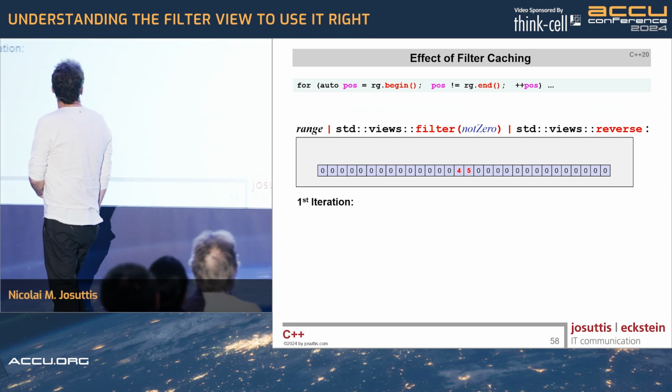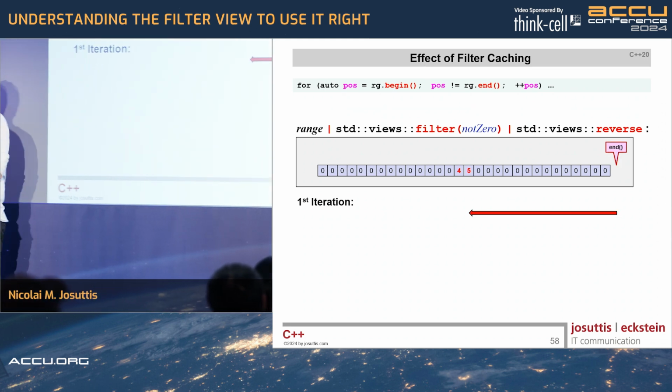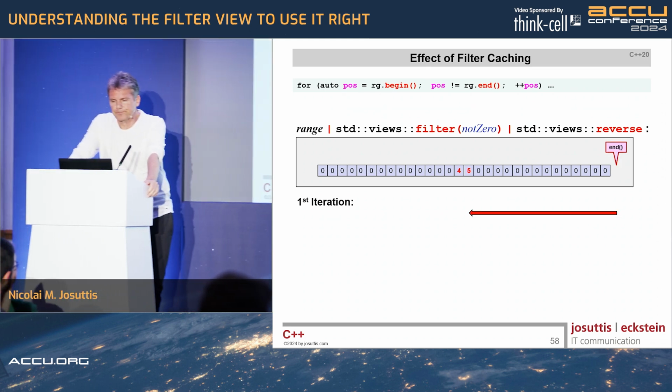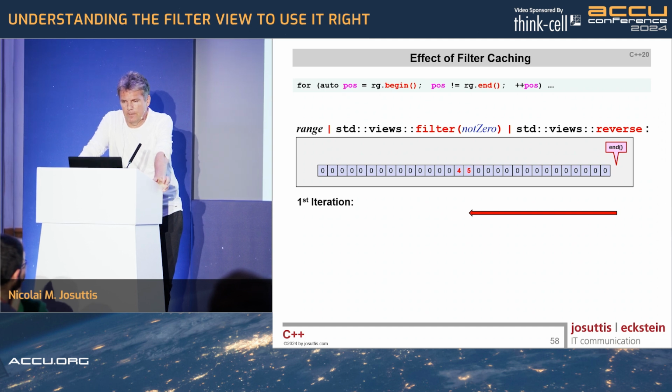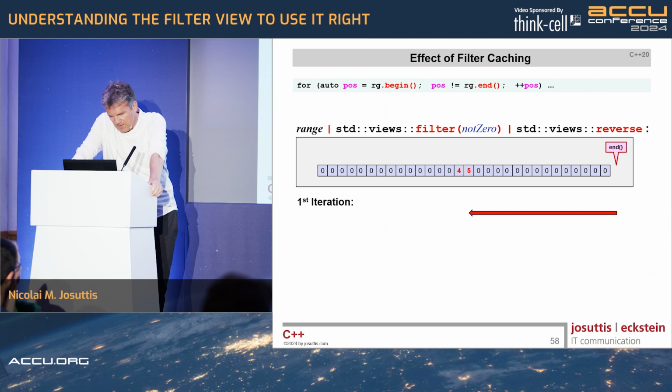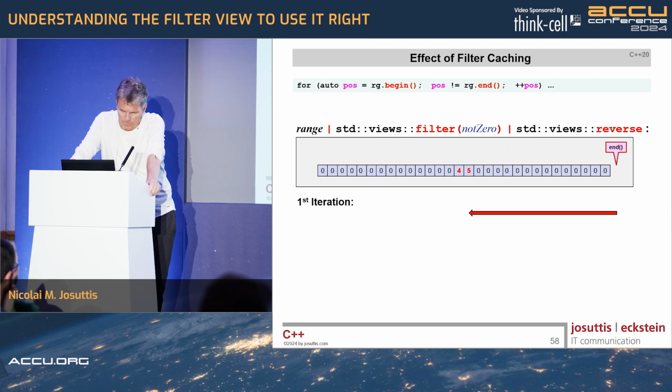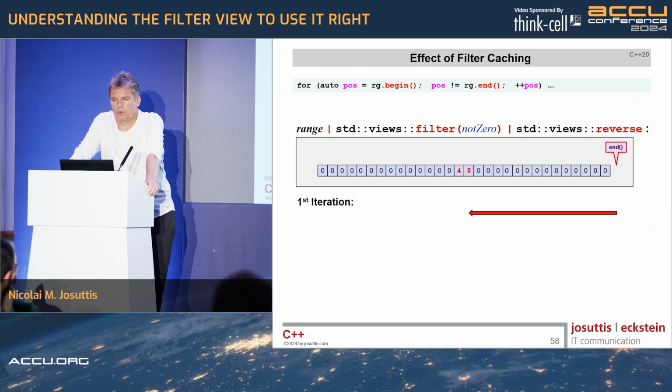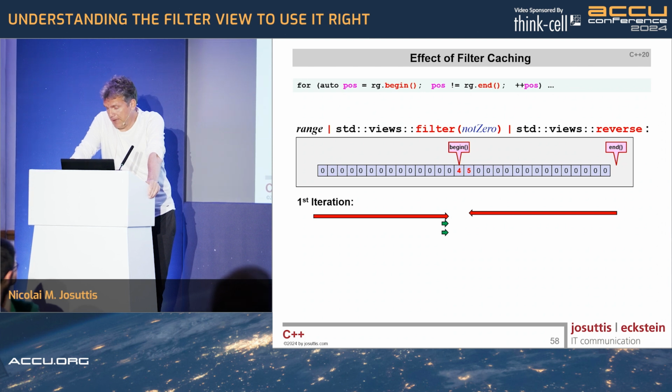So that means if we have that situation, and we call begin, then for the thing as a whole, this is by reverse mapped to a call to end, which is where we are. And then from there, we try to find begin, and we iterate, and then we call begin, and we compare with end.